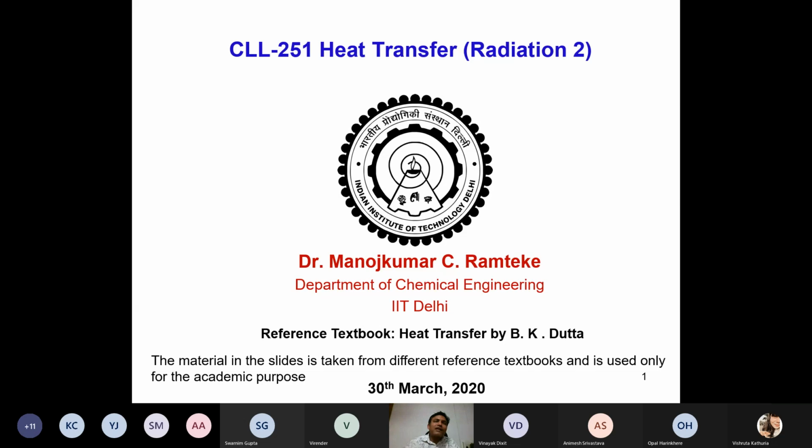So only in that case is this equation valid, where the net radiative heat transfer is given as sigma into the bracket T1 raised to the power 4 minus T2 raised to the power 4, where T1 and T2 are the individual temperatures of body 1 and body 2.